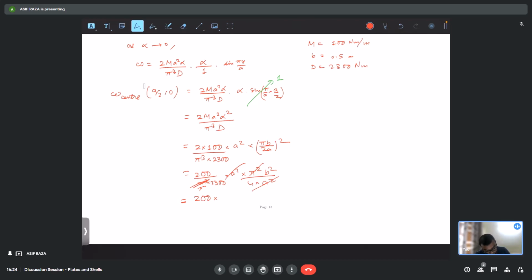So 200 b square is 0.5 whole square by 2300 pi into 4. So this gives me 200 into 0.5 into 0.5 divided by 2300 divided by pi and by 4.